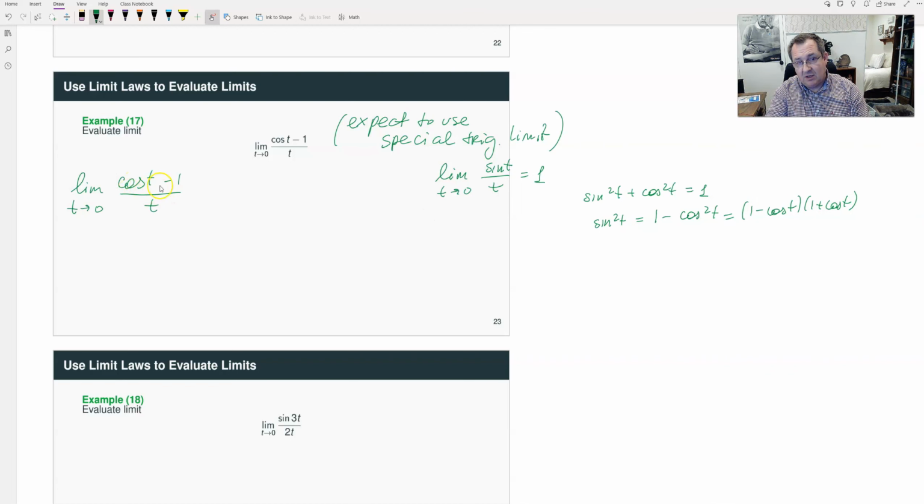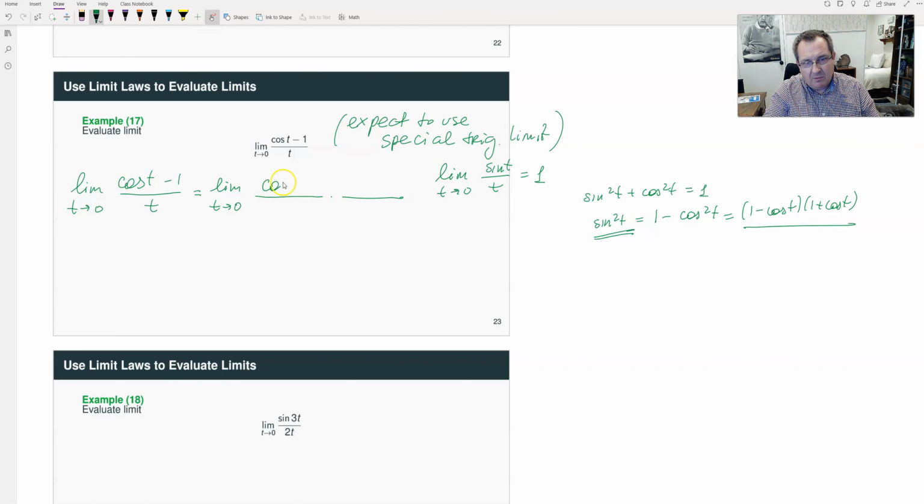And now we see, wait a second, we have this cosine t minus 1. Does that ring a bell? Well, the suggestion is to multiply by a term that is matching it and bring it over here. I don't want to call it a conjugate, but it is sort of a conjugate for this particular meaning.